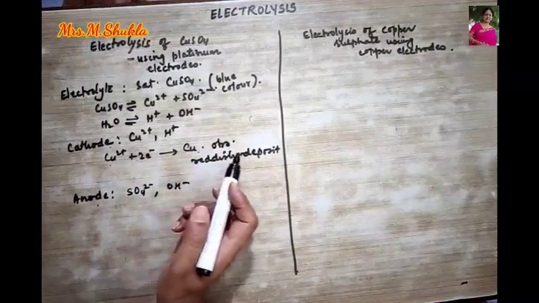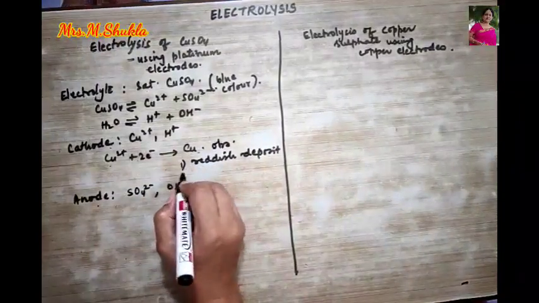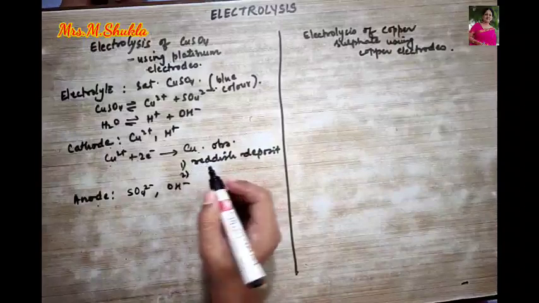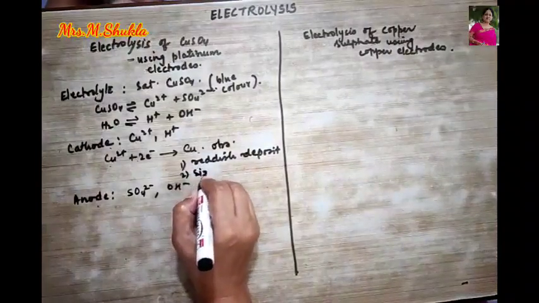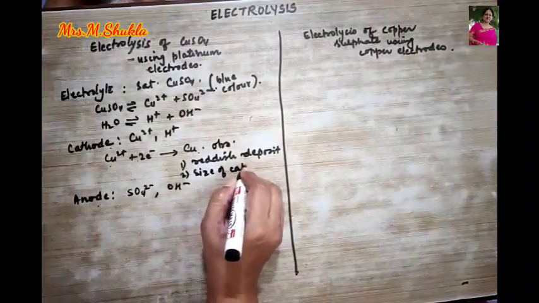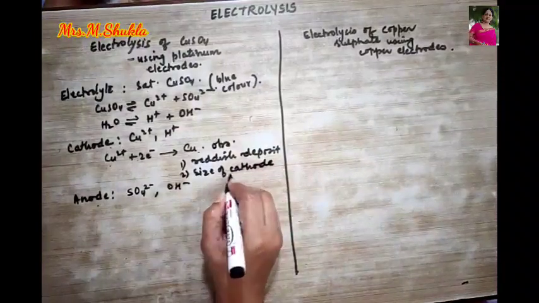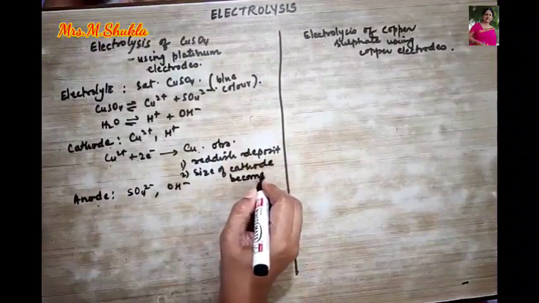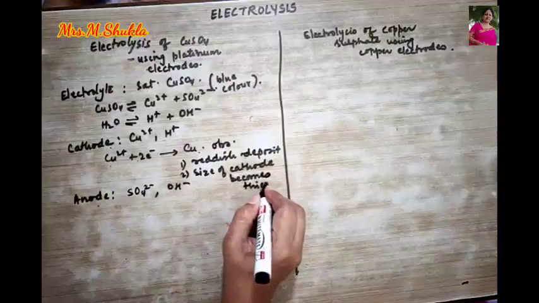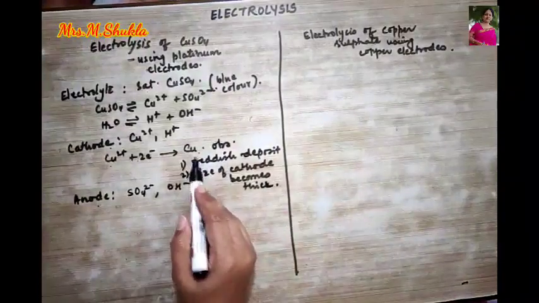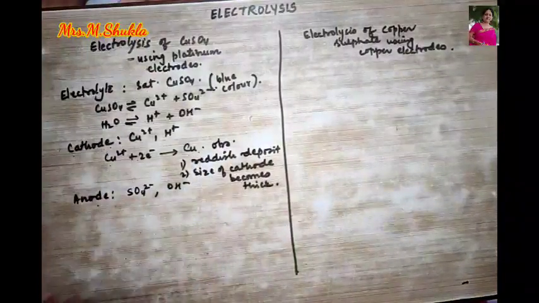Clear? Then you can also say that the size of the cathode thickens. Size of cathode becomes thick, right? These two observations can be seen at cathode.